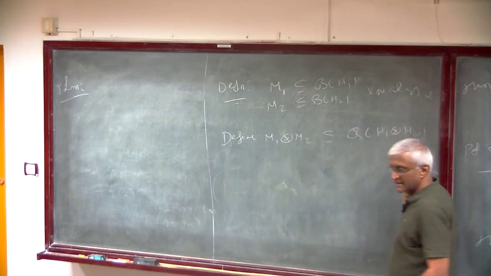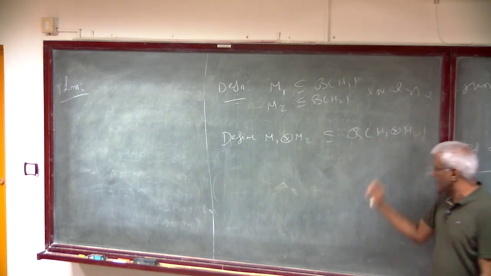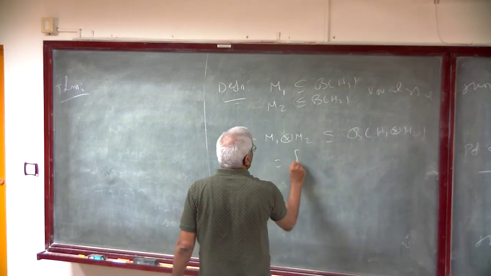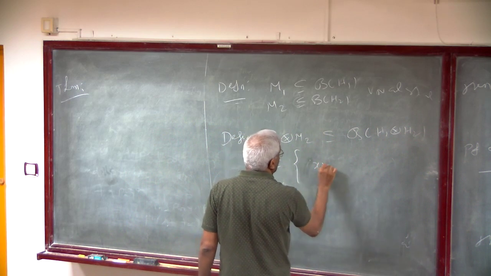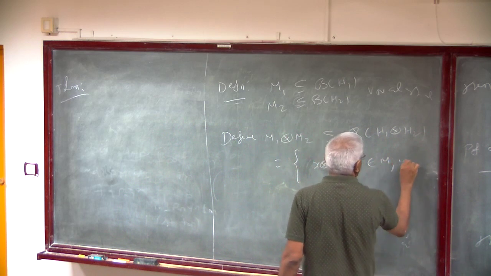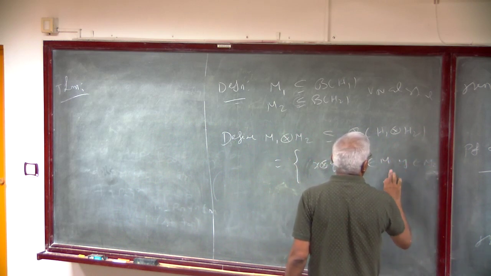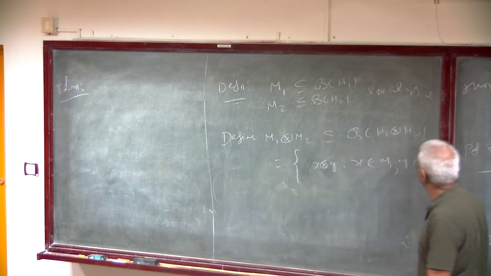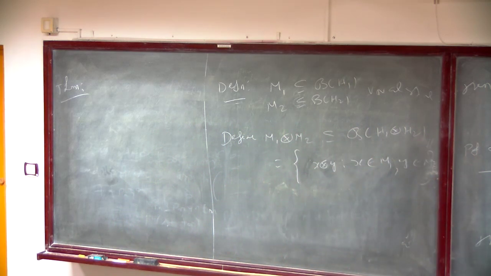You can take Hilbert space tensor product, which is defined in B of that. And in that, you define it to be equal to, you take all such x tensor Y, where X is in M1, Y is in M2. And then you take the double commutant. That's all.